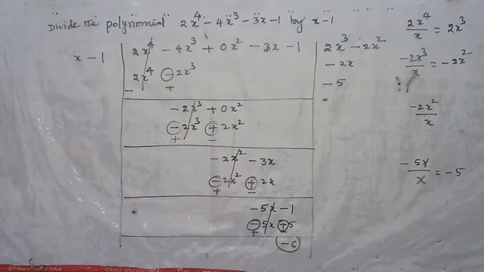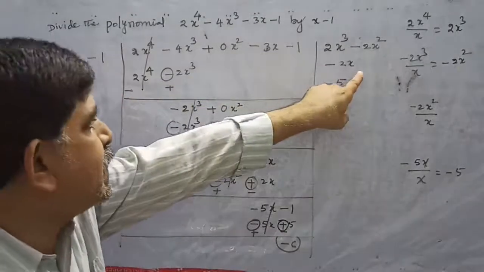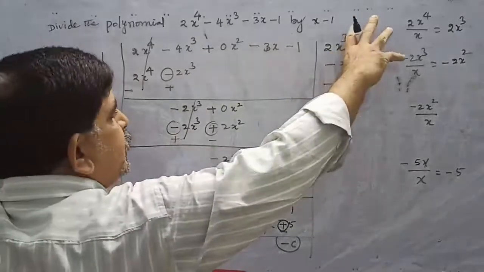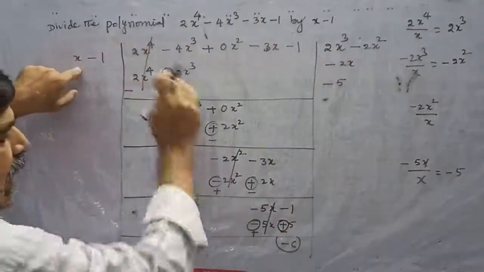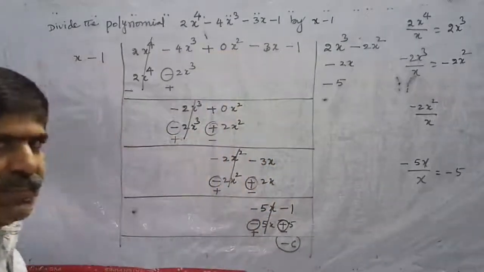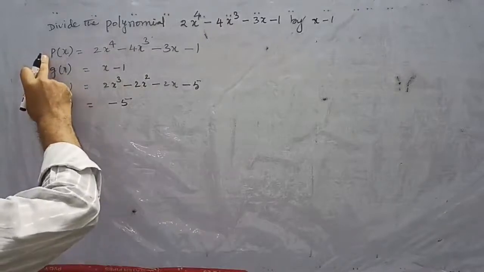Okay. Now we have to verify. How to verify this one? By taking this quotient and divisor, you multiply the quotient with the divisor and add the remainder, then you will get the dividend. See how it is. P of x is nothing but the dividend.